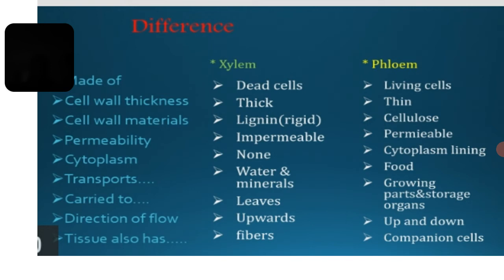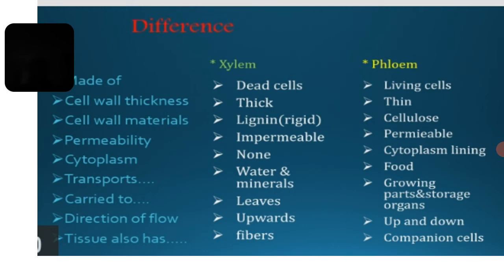It contains the cytoplasm and nucleus. In xylem also the nucleus is present in angiosperms. The cell wall of the xylem is thickened, whereas in phloem the cell wall is thin.